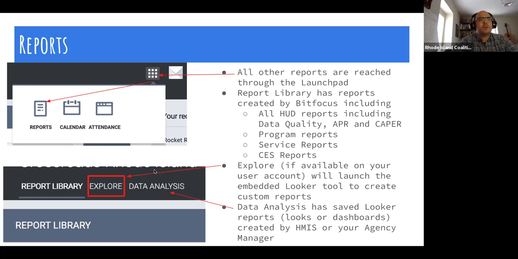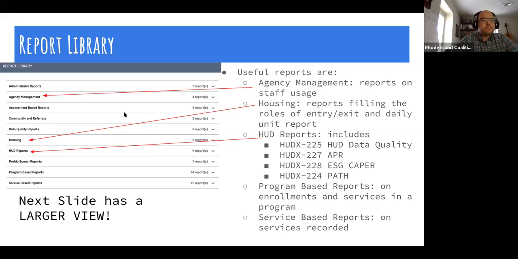We're not going to cover Explorer today because that's how you build custom reports. In the report library, there are some different sections that are useful. Agency management includes reports on staff. If you want to look at what kind of clients different staff have created, that's where you can go.